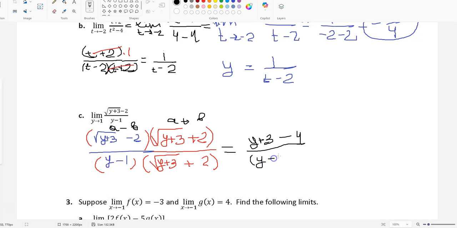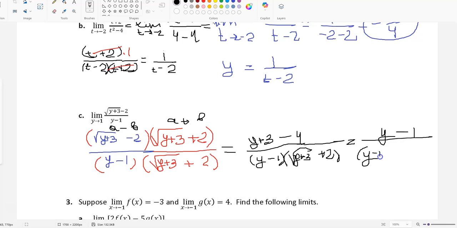Y minus 1, we do not multiply, we just keep it. And as you can see, we have y plus 3 minus 4, which is y minus 1. And this y minus 1 will be easily cancelled with y minus 1 at the bottom of this expression, in the denominator, let's say. And here we have plus 2 close bracket.